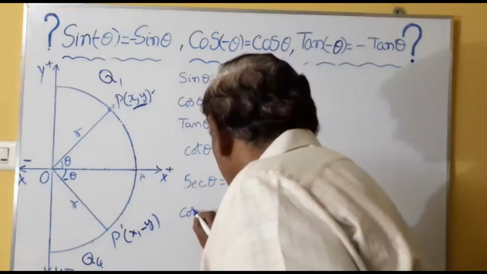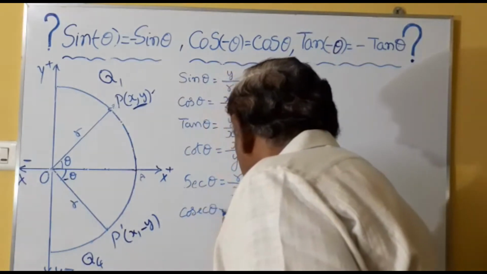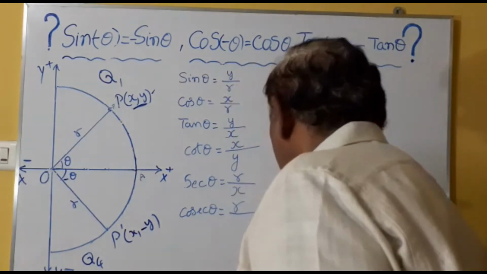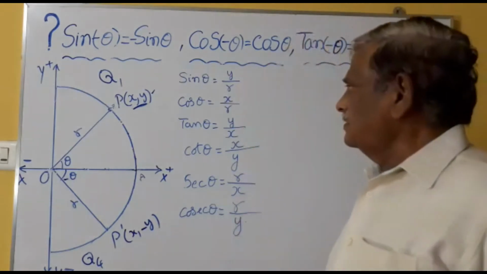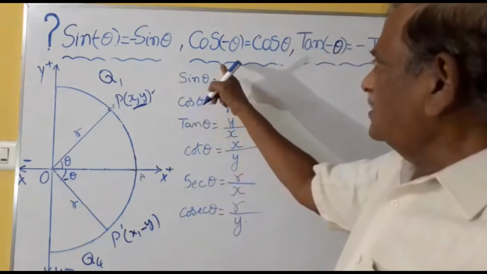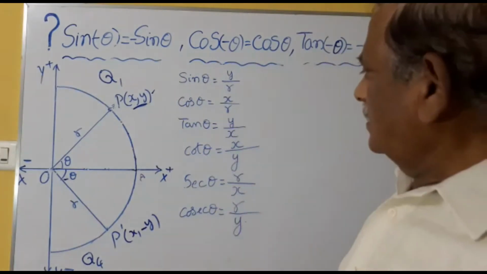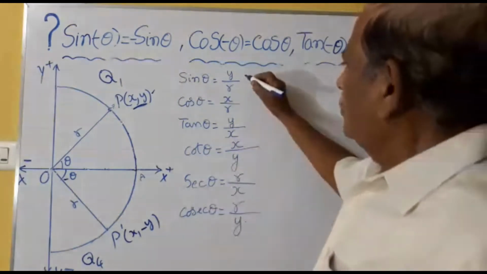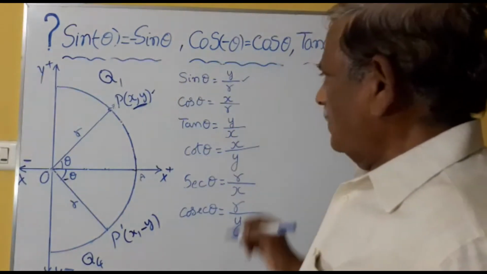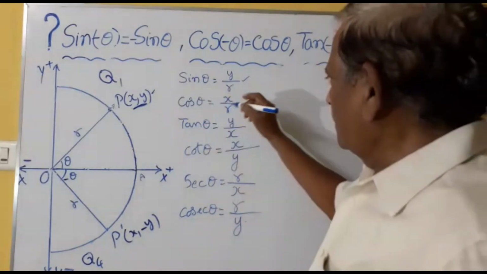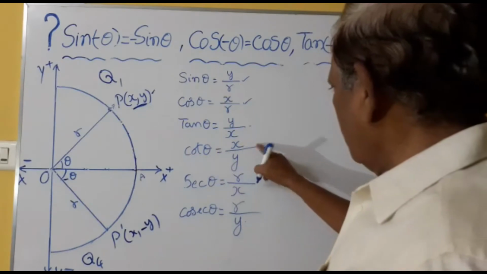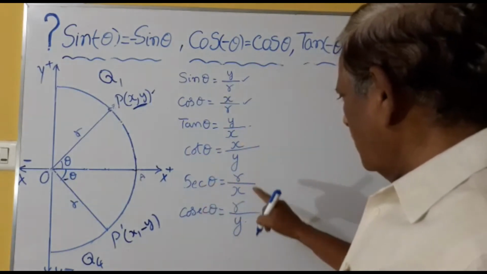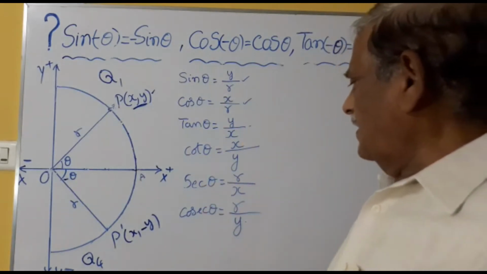Cosec theta is radius of the circle by y coordinate of the point. Thus, the definitions of trigonometrical ratios are defined. So, sin theta y by r, cos theta x by r, tan theta y by x, cot theta x by y, sec theta r by x, cosec theta r by y.